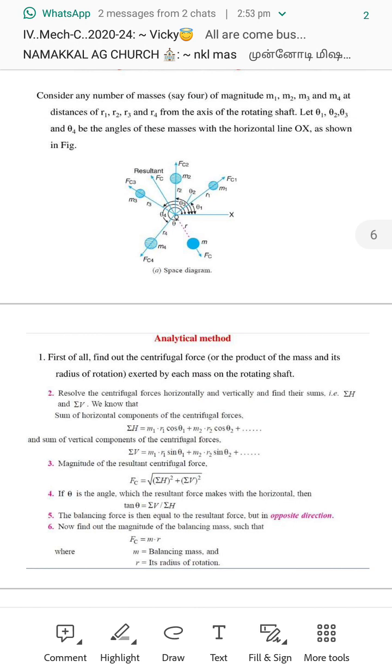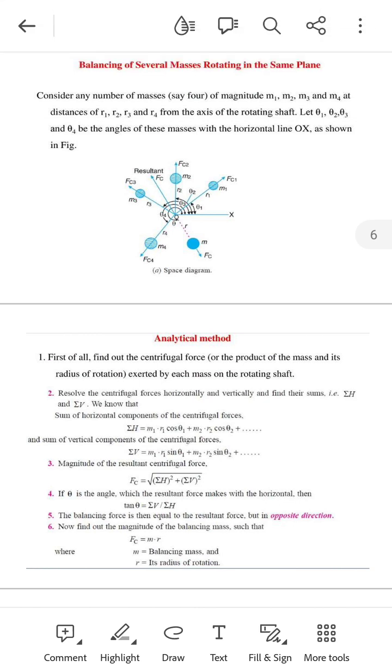In the analytical method, we find out the masses. First of all, find out the centrifugal force exerted by each mass on the rotating shaft.